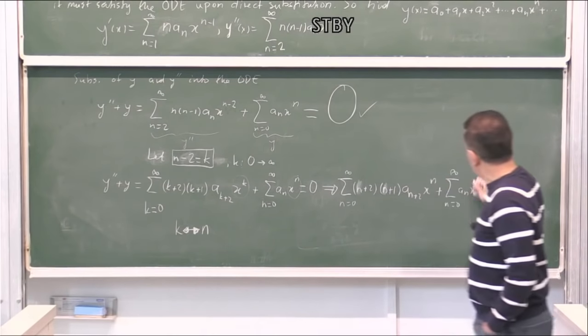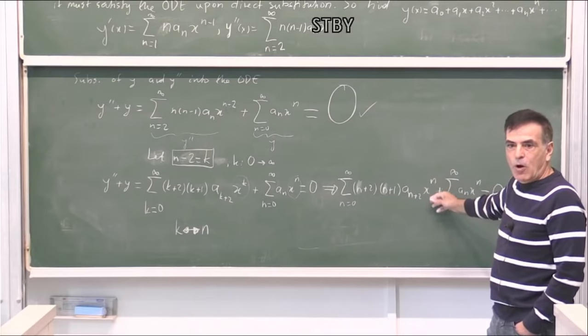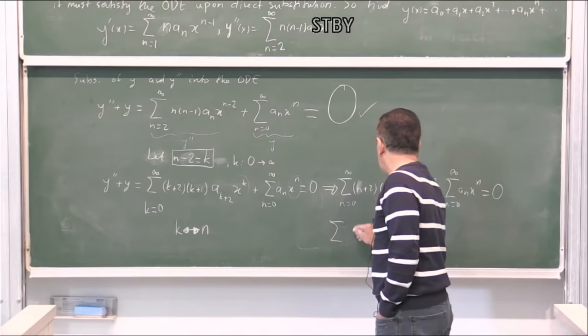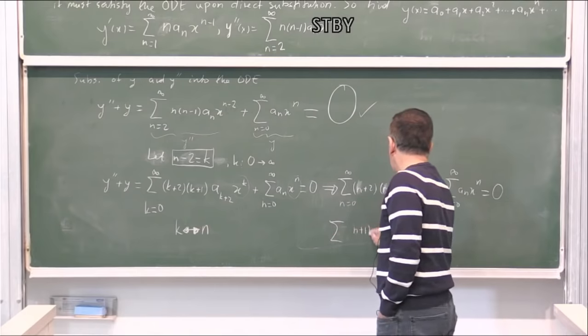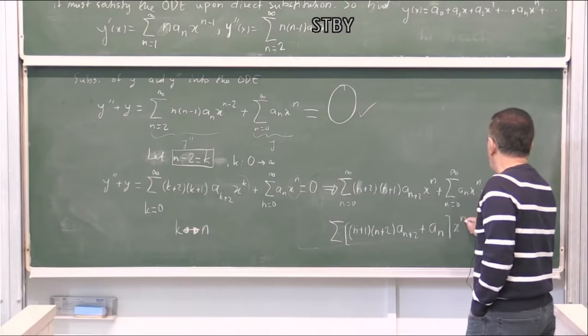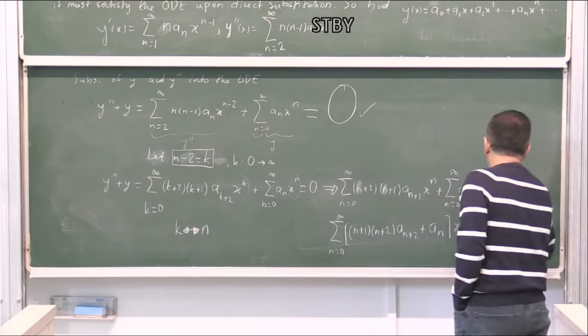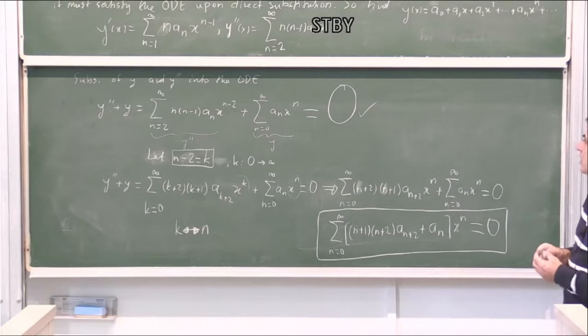The two power series have the common x to the power n, which gives n plus 1 times n plus 2 times a_(n+2) plus a_n, all multiplying x to the power n, must be 0 to satisfy the equation.